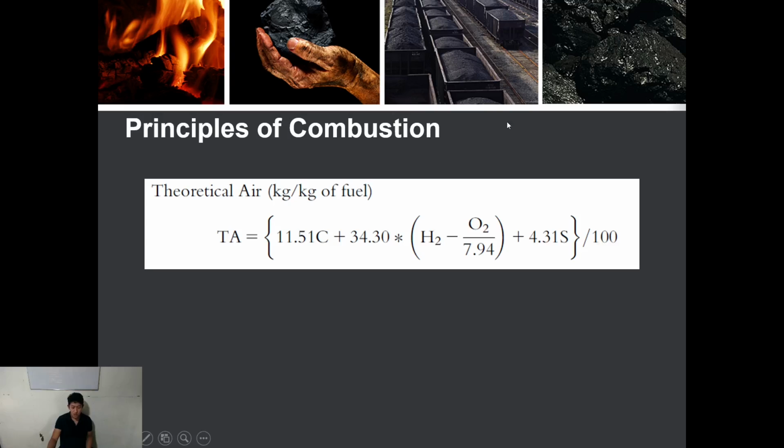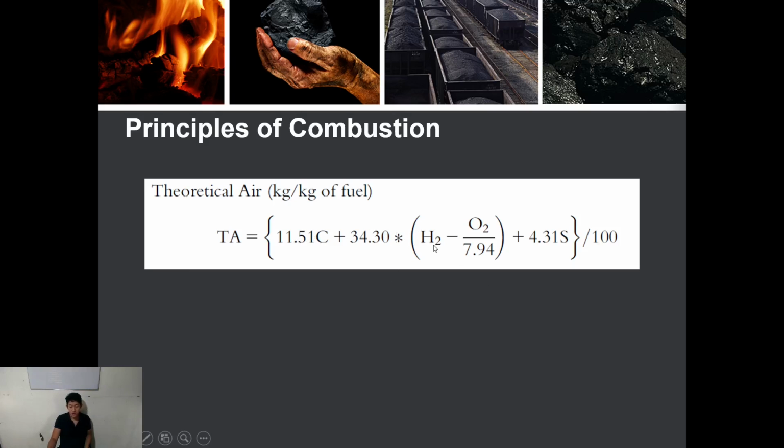Your O2 is only 1 mole, so you need 3.76 N2. So the number of moles of air is 4.76 times 28.97 divided by the molecular weight of carbon, 12, which gives 11.5.